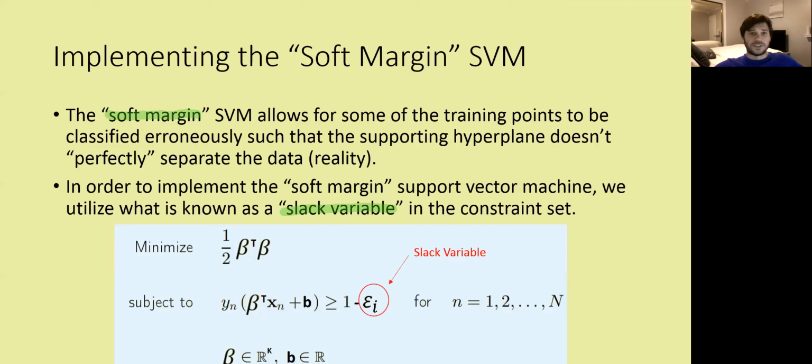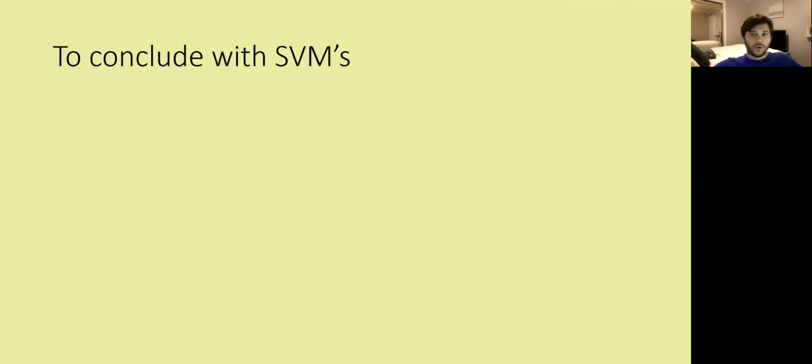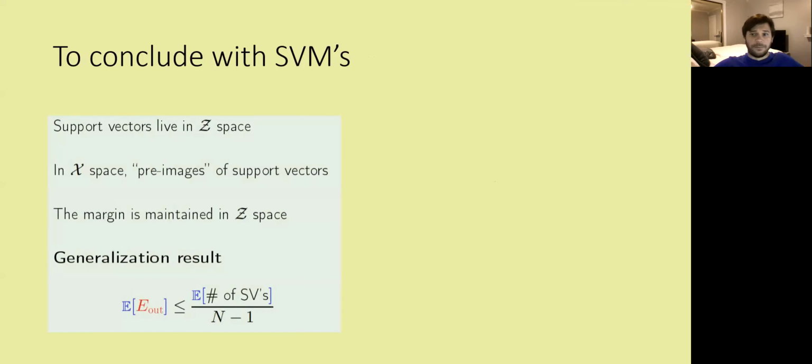So to wrap up the discussion of SVM, to conclude: support vectors, when we transform them, live in that Z space. But in the X space, we can get them back by writing that transformation backwards. We can think about the margin really being maintained in either space.